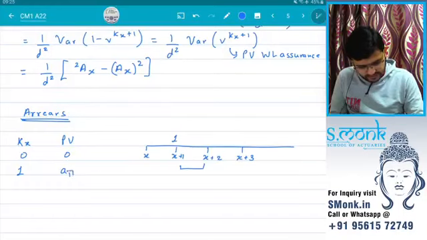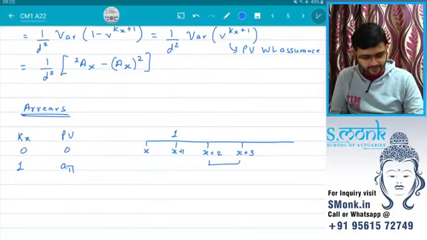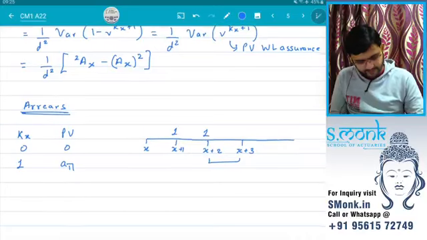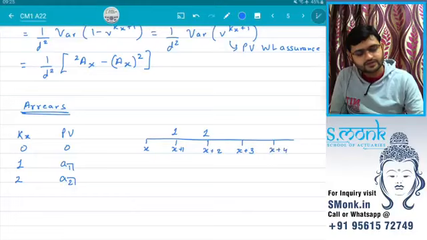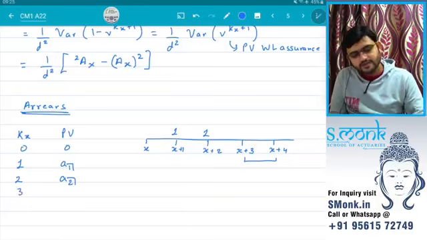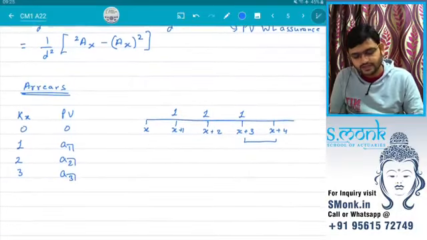I can say it is a angle 1. Similarly, if the person survives for 2 years and dies within the third year, 2 payments would be given. That would be a angle 2. If the person survives for 3 years and dies within the fourth year, that is k equal to 3, we will have 3 payments in arrears. So a angle 3.